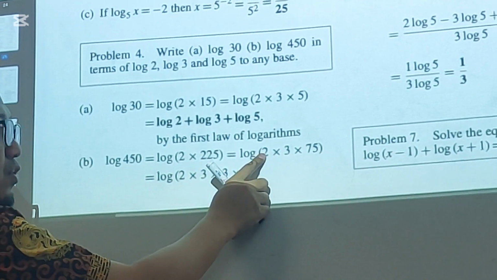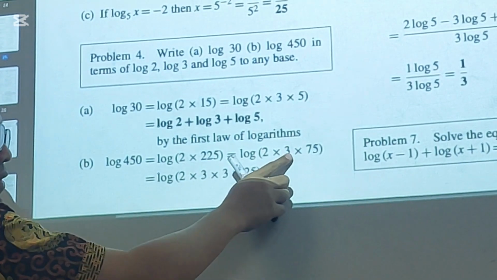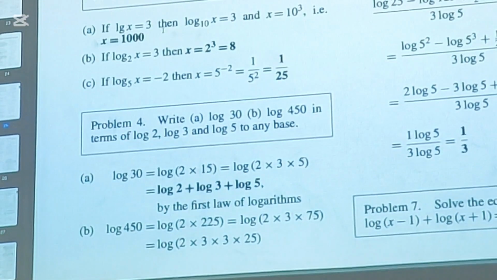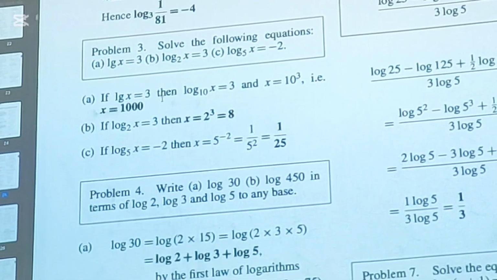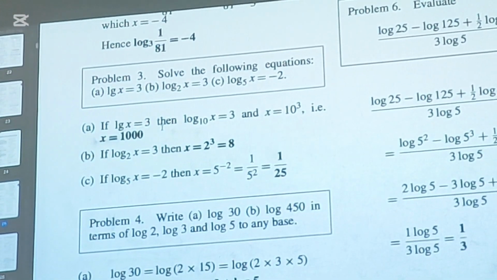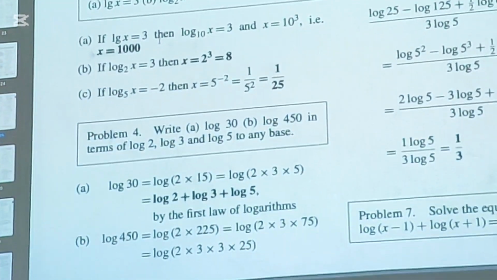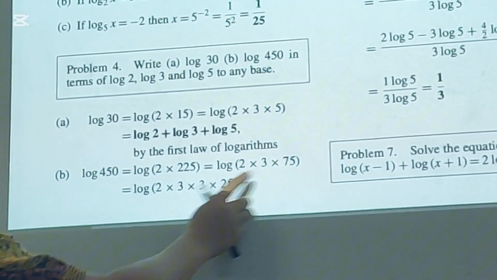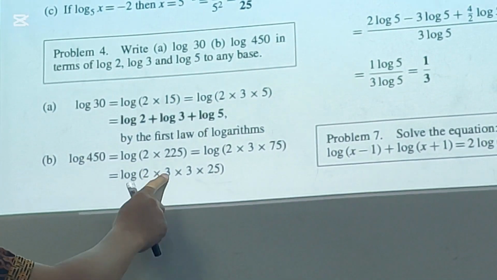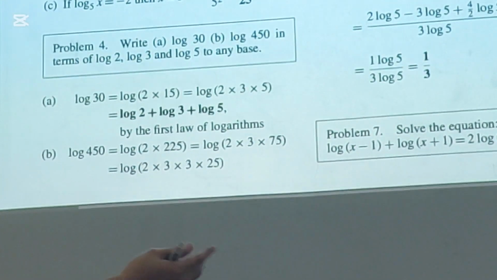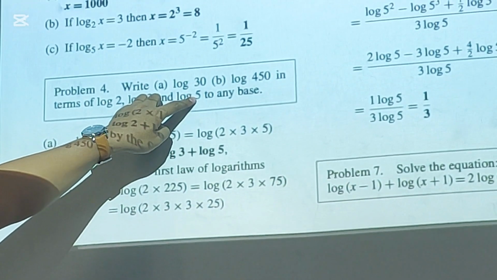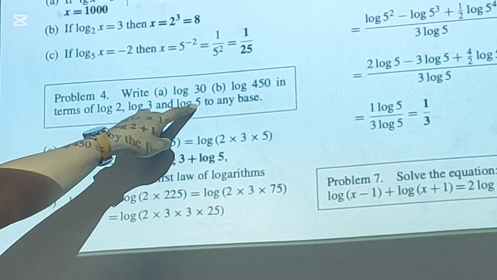So 225 we can get from 3 multiplied by 75. That's it. 2 and 3 are okay, but 75 is not yet finished. So you have to change 75 to become 3 multiplied by 25. This is okay, but 25 is not yet finished. So change 25 to become 5 times 5.